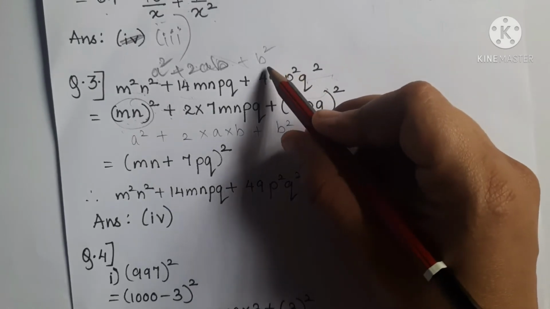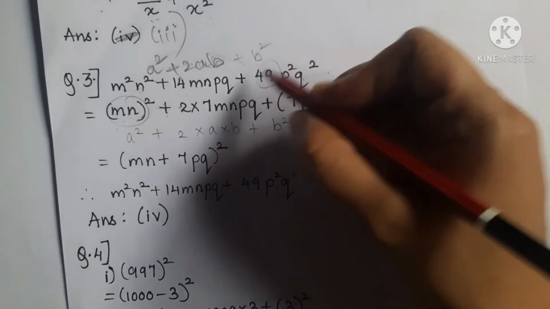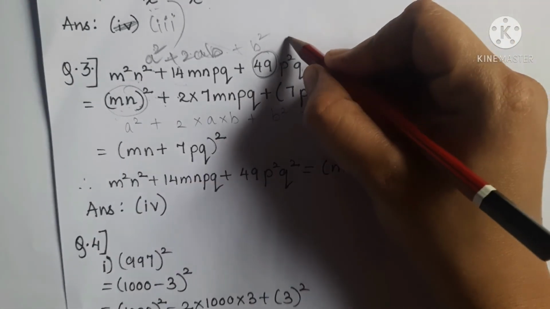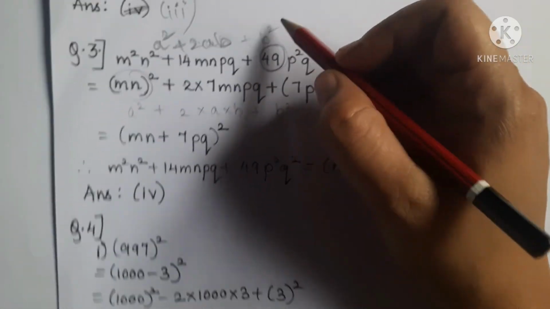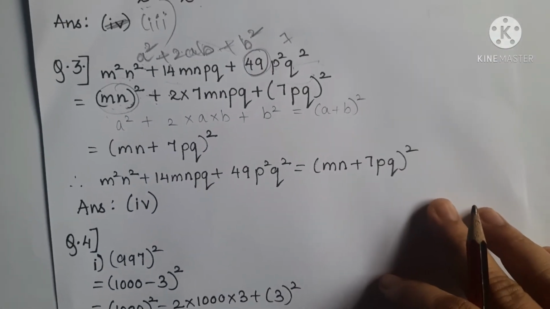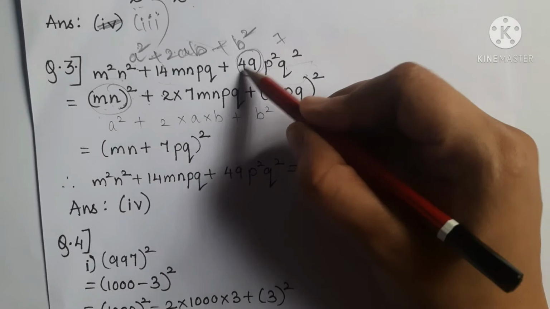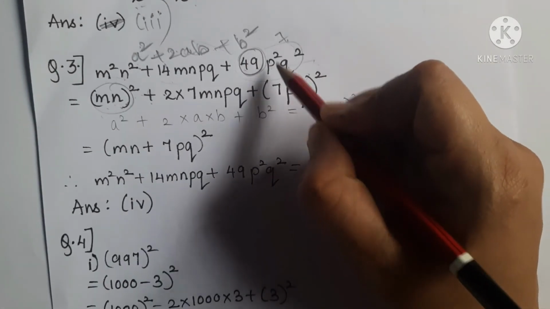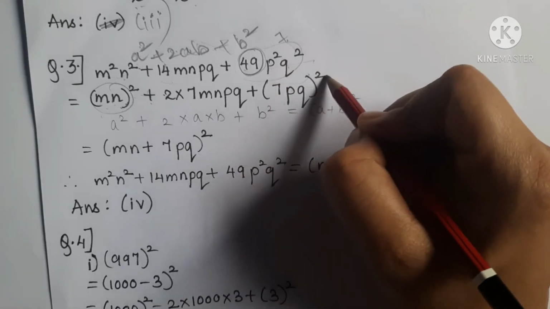But along with pq, there is a number 49, right? There is a number 49. Now 49 is a square of which number? 7. Because I want this in the form of B square, right? I need this in the form of B square. So 49 is square of 7. So this in the form of B square can be written as 7pq the whole square.